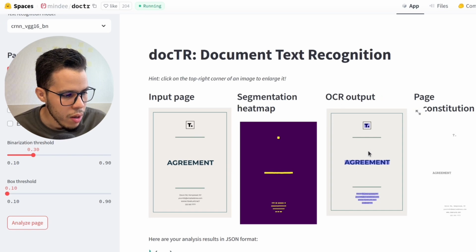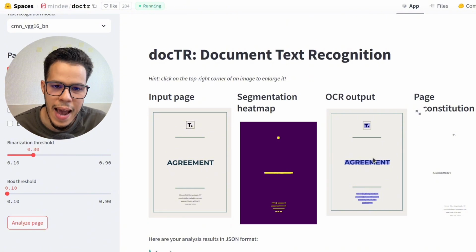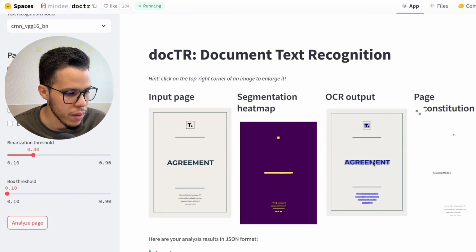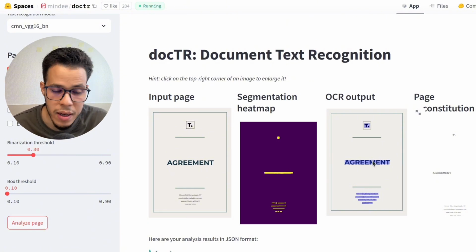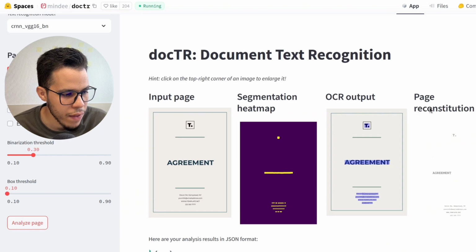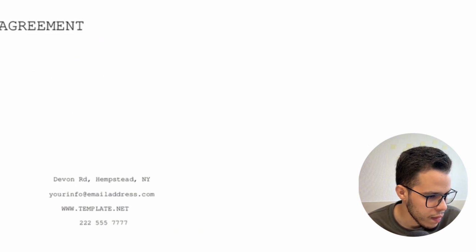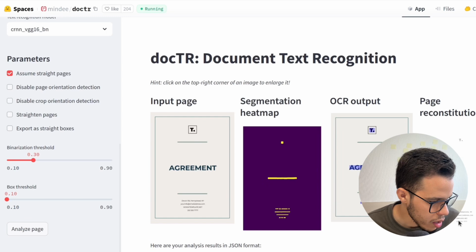This is where we put the boxes in all the detected information. And we have the page reconstitution. Let's see what is inside. There is agreement, there's T dot, there is all the information we put. So let's see if this is actually the case.